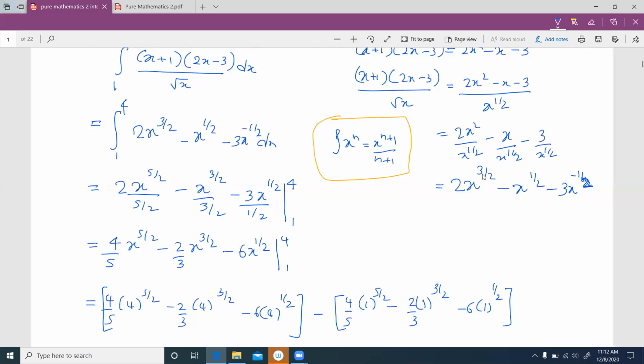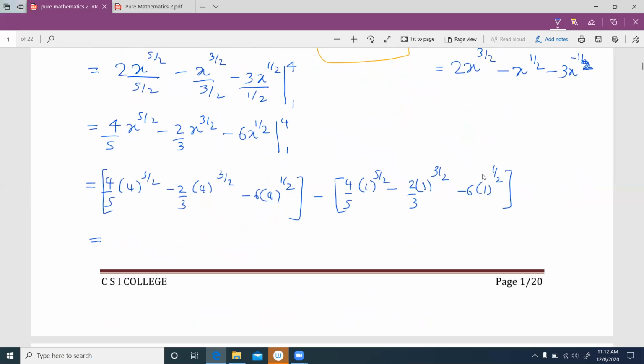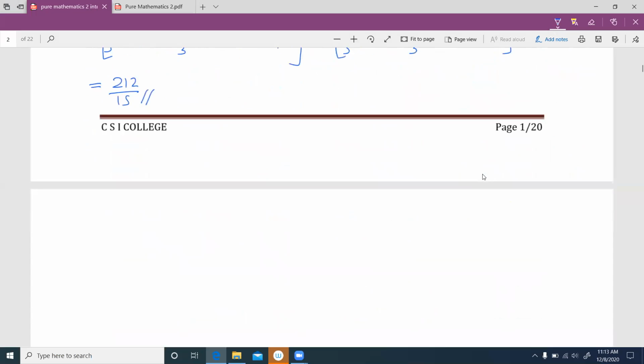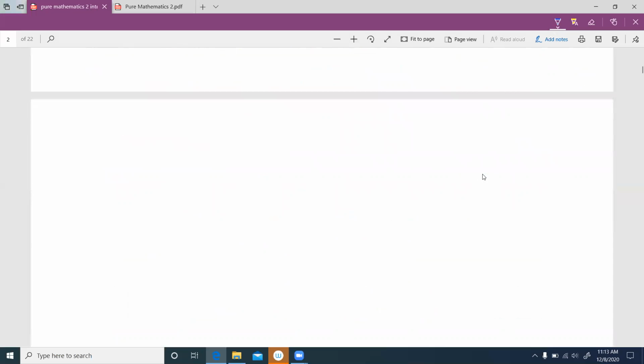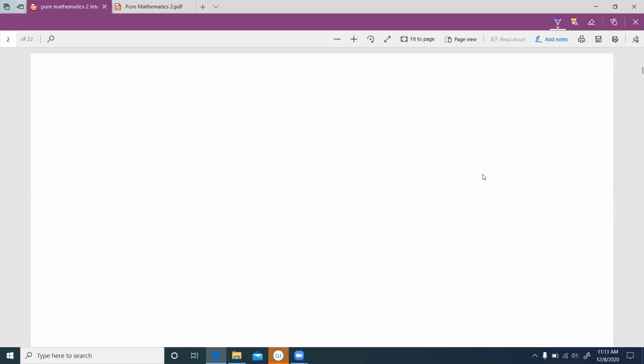If you simplify this, you will realize that the answer becomes 212 over 15. This is the final answer for that. That's a way of doing this. Right. Okay. Then that is a way of doing this finite integration. So pretty simply, with this, you can find the finite integration for that.